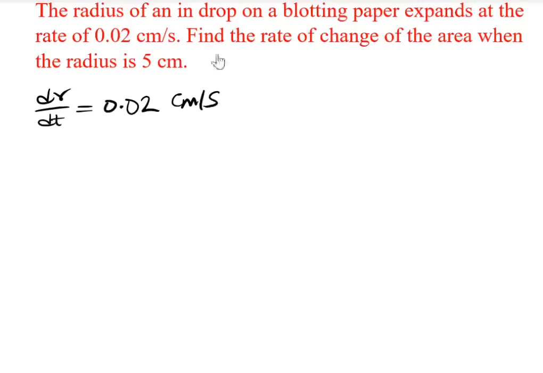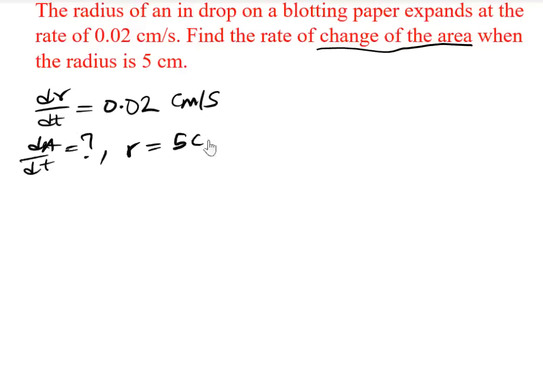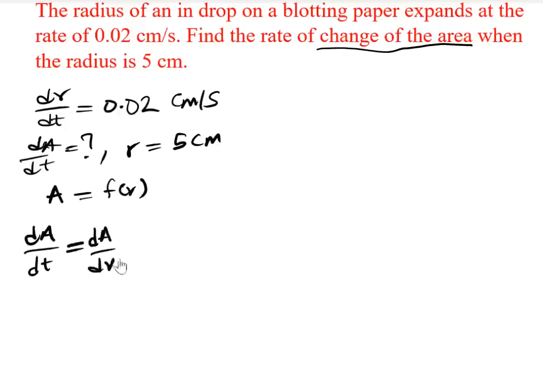And we are asked to find the rate at which the area changes, which is dA/dt. But we're given that r is 5 cm. Therefore, A is a function of r, and from our formula, we can say that dA/dt is equal to dA/dr multiplied by dr/dt.